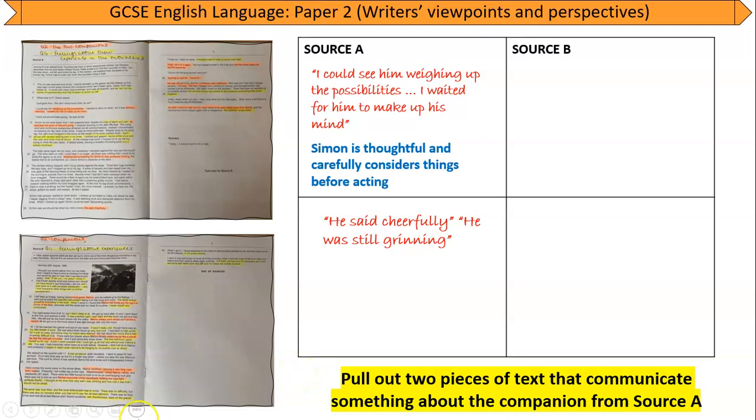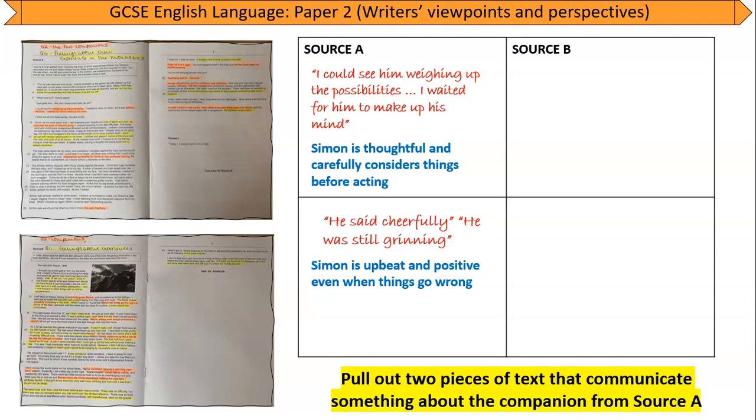I'm happy with that. So I'm now going to go to my second piece of evidence where we see him speaking cheerfully and grinning. And I'm thinking, okay, what can I say about Simon based on those quotes? So I can see that he's cheerful, he's grinning. So my interpretation, my summary of how Simon is, is that Simon's very upbeat.